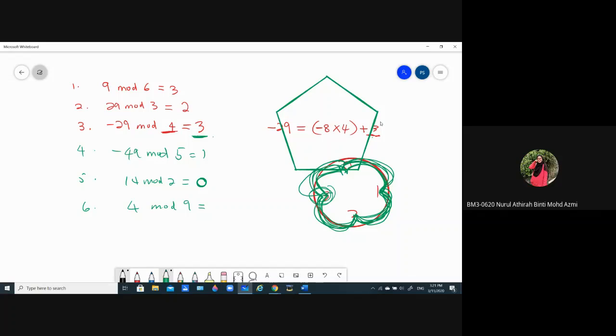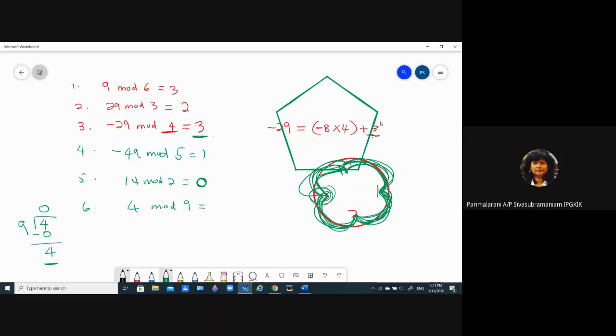Remember I told you this means 4 divided by 9 and the remainder. What is the remainder when 4 is divided by 9? 0? Is it 0? No. Okay, let's do long division first. 4 divided by 9 is 0, right? So the remainder is 4.